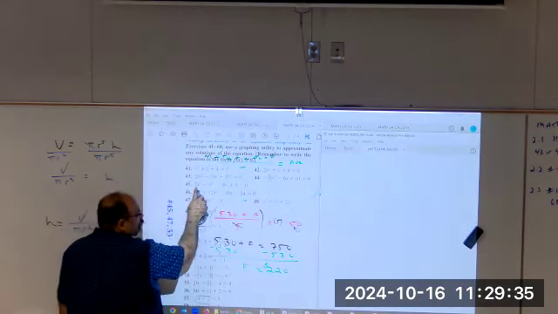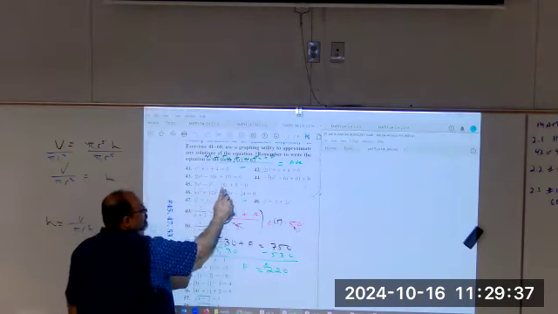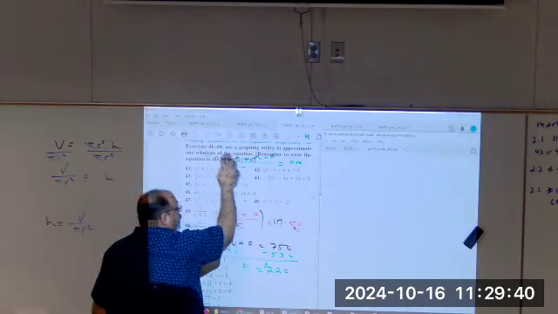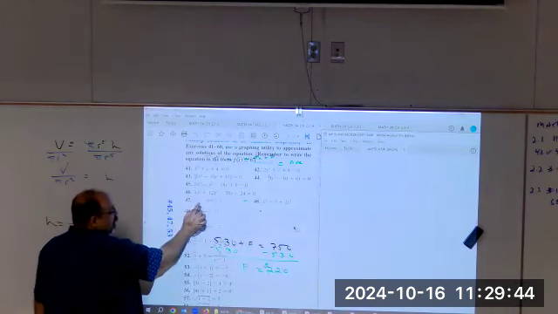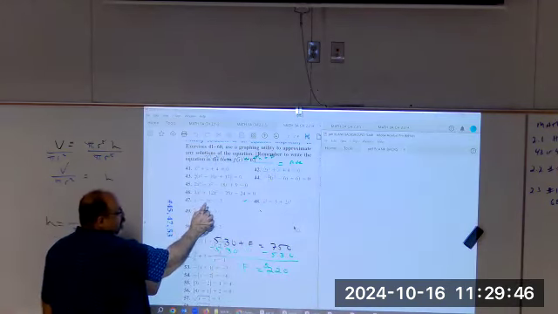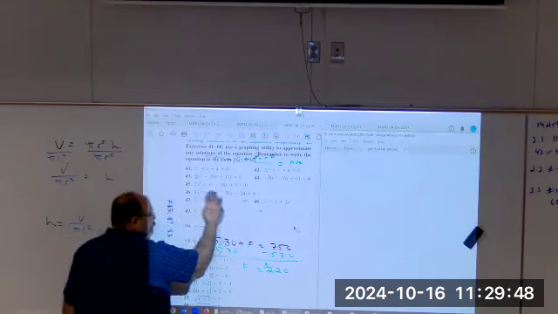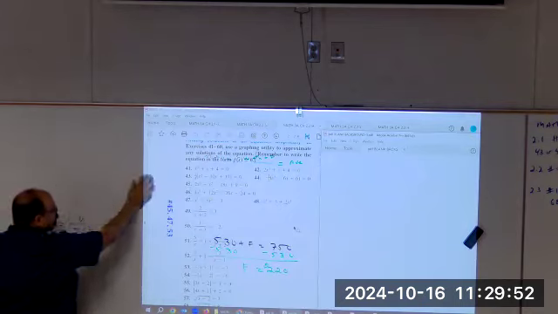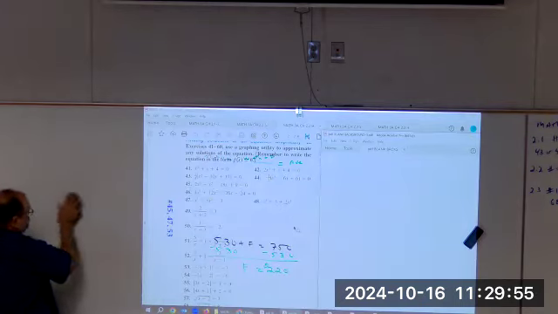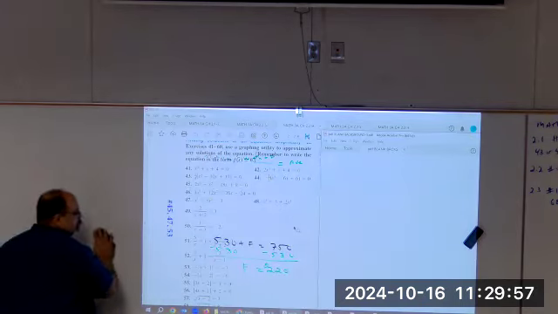45 is 2x cubed minus x squared minus 18x plus 9 equals 0. 47 is x to the fifth equals 3x to the third minus 3. So which one do you want to see, 45 or 47? 45?